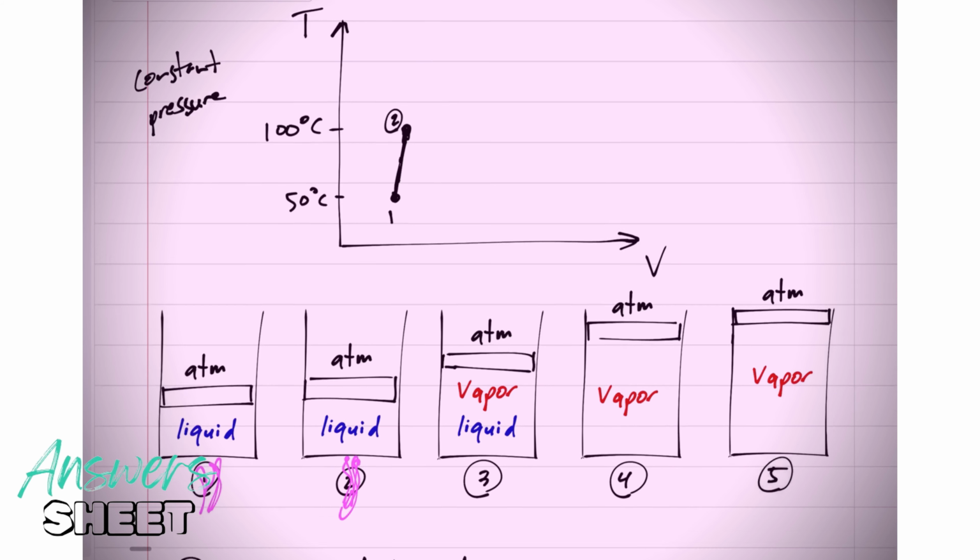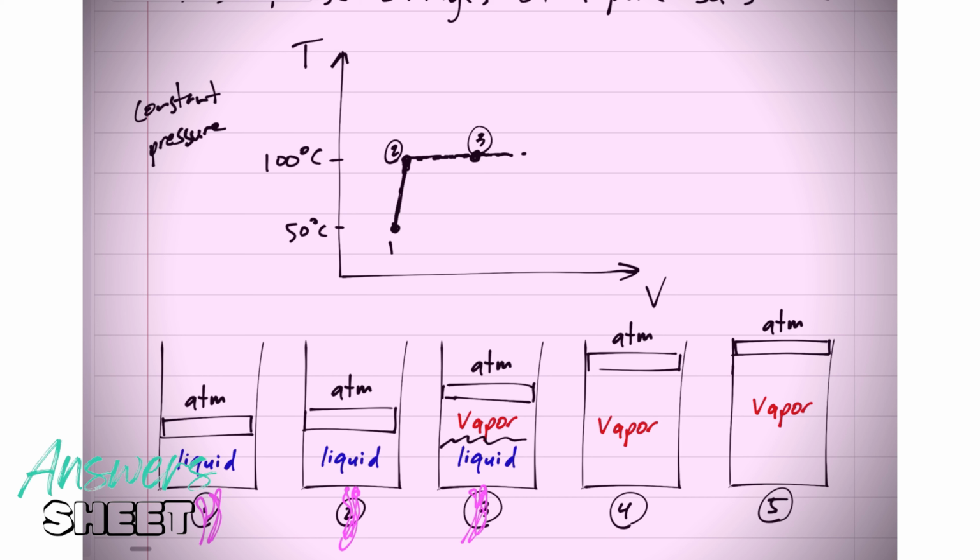And so then maybe we're at state 3, where there's a mixture. Some of the liquid is vaporizing. Little by little, or fast, liquid is starting to vaporize. And so maybe we've got half liquid, half vapor, a quarter liquid, 3/4 vapor. It is beginning to vaporize, and the volume is increasing by a good bit.